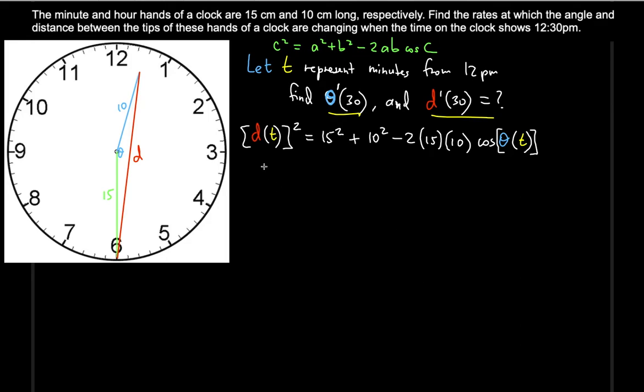So as a result, let's find d of t squared is equal to this, right? 225 plus 100 minus 300 cosine of theta of t.